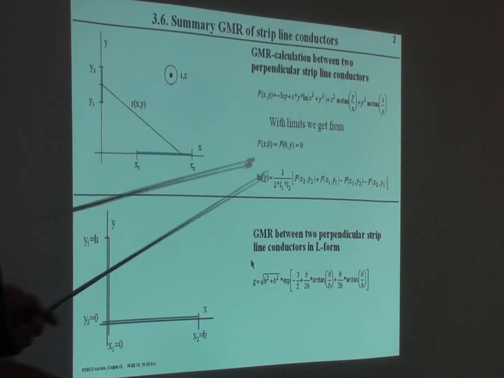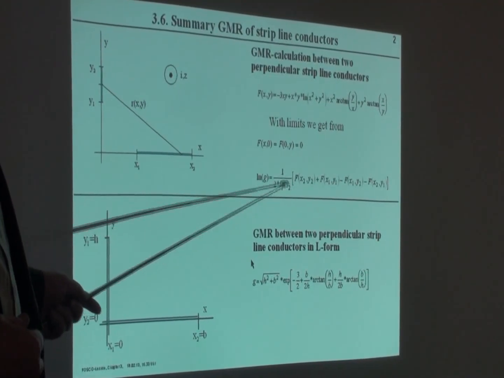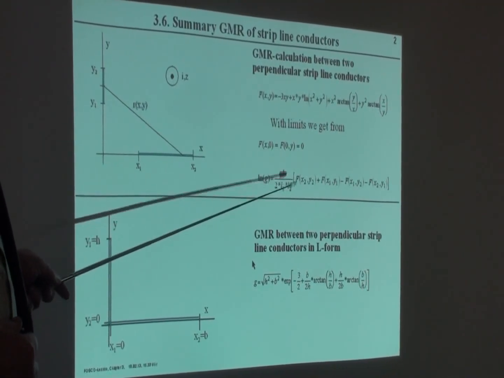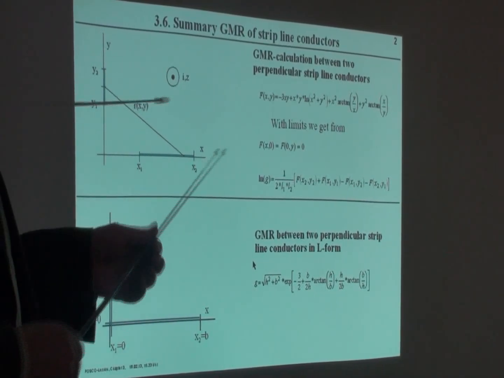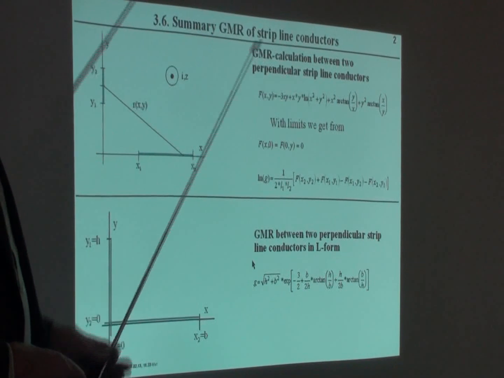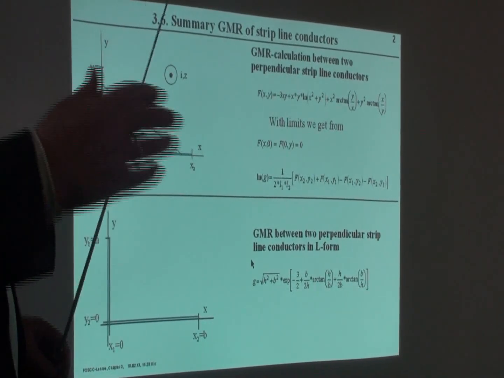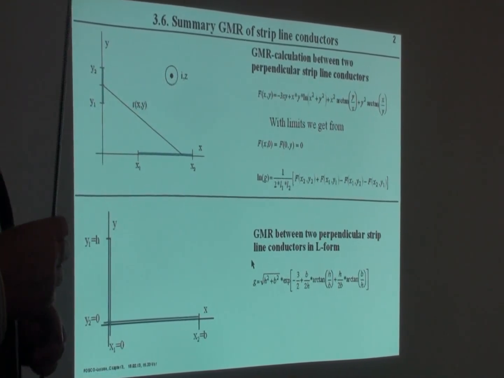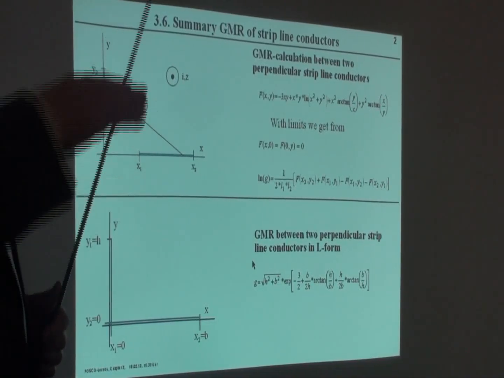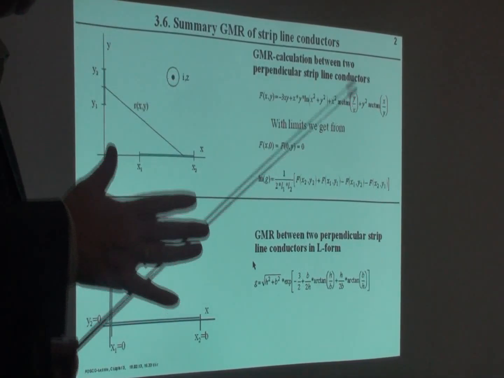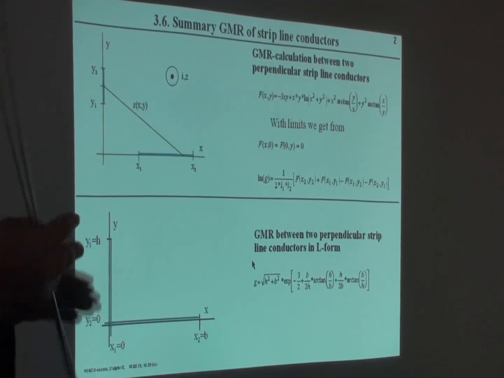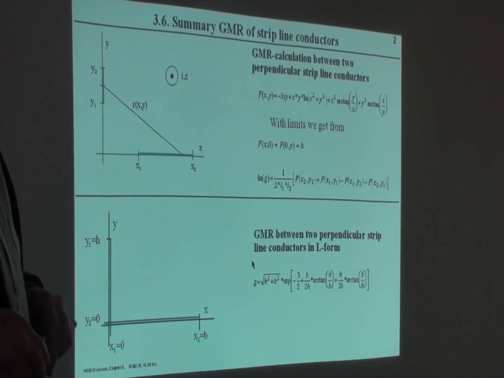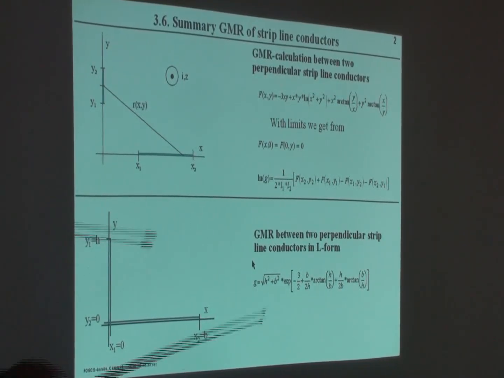And here you see the geometric mean value, where we have to divide by the length 1 and the length 2. For the Neumann double integral we have to divide by area 1 and area 2, but if we have a strip line conductor, area goes to length.